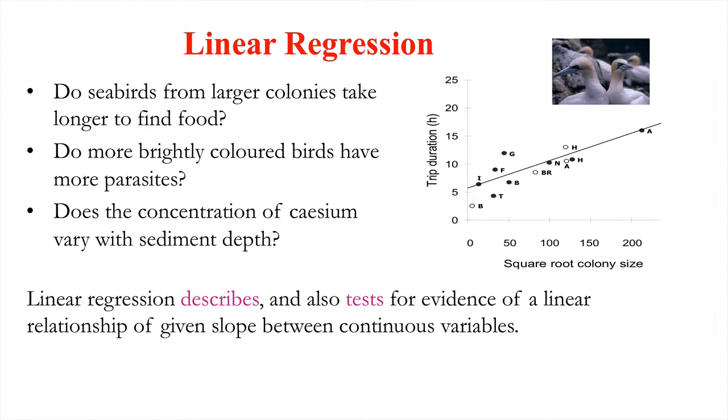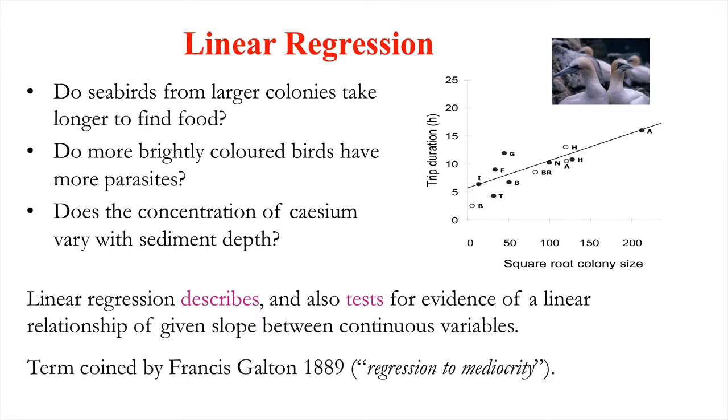Can we reject the null hypothesis that at population level there is no relationship between, for example, trip duration and root colony size?